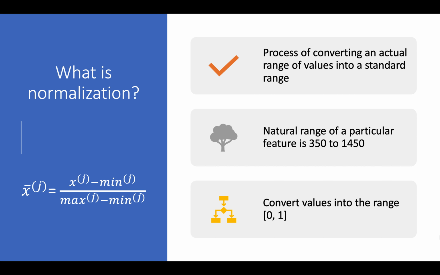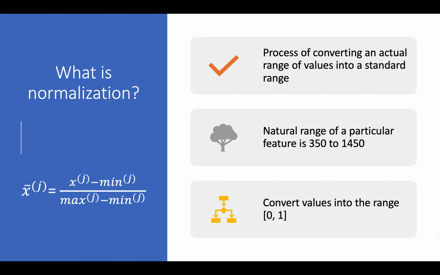Basically, the value you're normalizing, you subtract the minimum number in that range from it, and then divide it over the max minus min. To put it simply, normalization is the process of converting an actual range of values into a standard range. So this is how normalization is done and what normalization is.